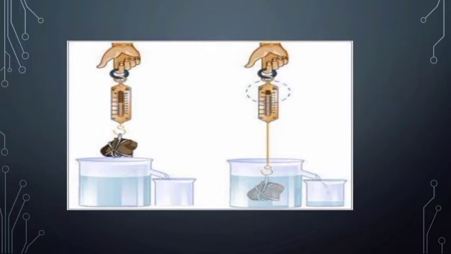We will weigh the stone in the air, and let the weight measured with the spring balance be W1. Now we will immerse that stone inside the water and collect the overflowing water in a beaker. Now we will again take the reading on the spring balance and let that weight be W2.